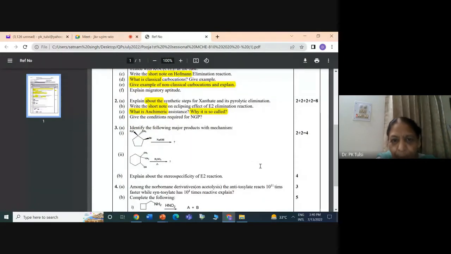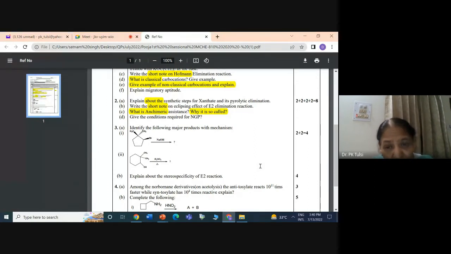Then explain about the synthetic steps for pyrolytic elimination. You have written explain about the synthetic steps for these two. Why explain? Write describe the synthetic steps for this and this. Avoid short notes. What is anomeric assistance? Again you need to modify it: define or explain the concept of this.